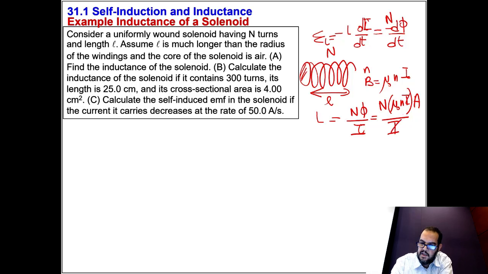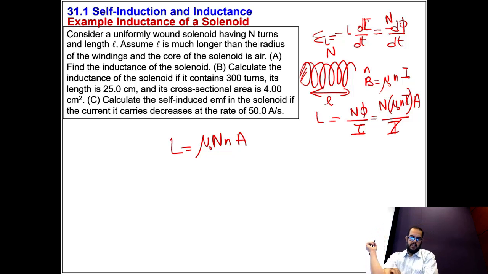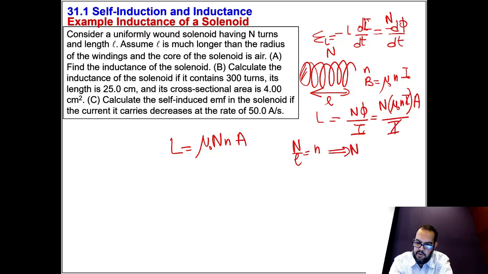So the current will cancel and we obtain L is equal to mu 0 capital N times small n times the area A. Okay, I don't want this, so let me write N divided by L is equal to small n, so we can write that capital N is nL. Okay, so I can replace this.